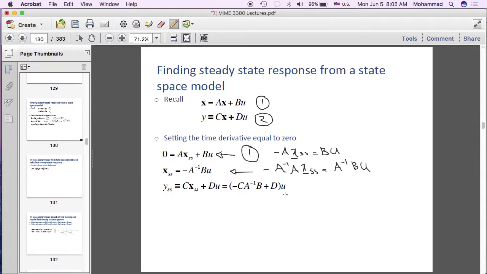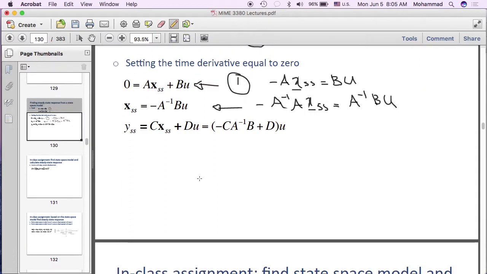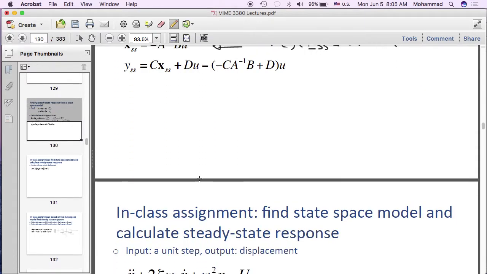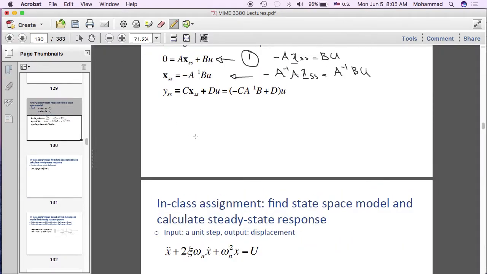So let's solve an example. The example would be this second order system. I'm going to give you a minute. You already know the state space model of this system. Go back through your notes and find A, B, C, D matrices for this system.